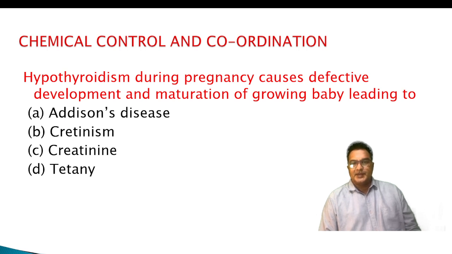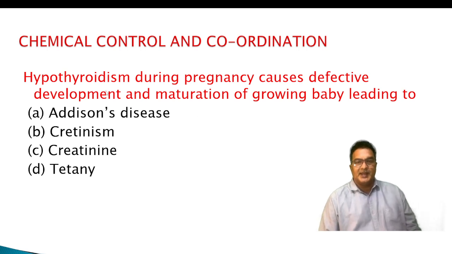Hypothyroidism during pregnancy causes defective development and maturation of the growing baby, leading to Addison's disease, cretinism, creatinine, tetany. Hypothyroidism during pregnancy leads to congenital hypothyroidism, which leads to the cretin: a small baby with mental retardation and low IQ. What do you call it? Cretin baby, cretinism is the feature.